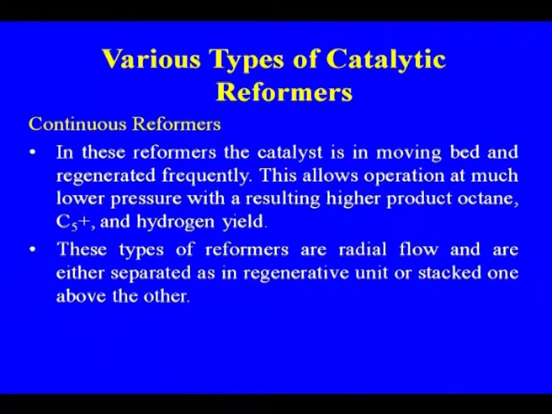Here the reformer is radial flow and the reactors are either separated as in the regenerative unit or stacked one above one, because some of the refineries have stacked reactors, reactor 1, reactor 2, reactor 3 and like that. In each reactor the catalyst, the preheaters are there, and regeneration of the catalyst is there.